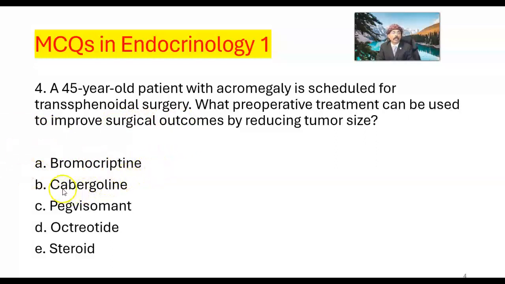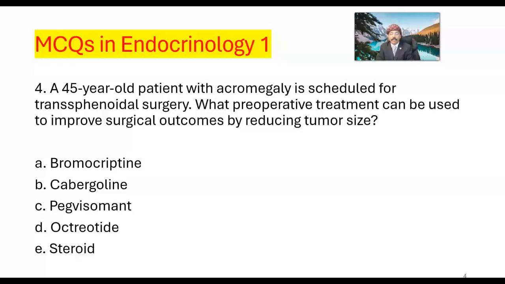Bromocriptine, cabergoline, pegvisomant, octreotide, steroid. So what would be the best way to reduce the tumor size so the surgeon can take out the entire tumor from the pituitary, or from the sella turcica area, the content of the pituitary fossa?